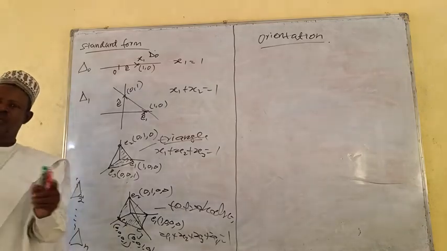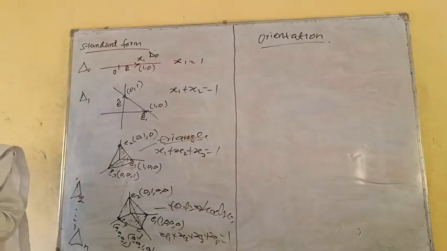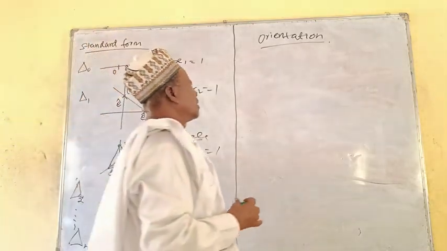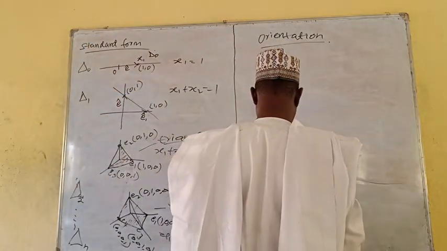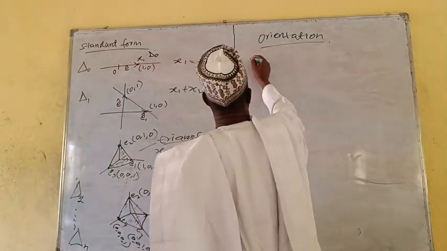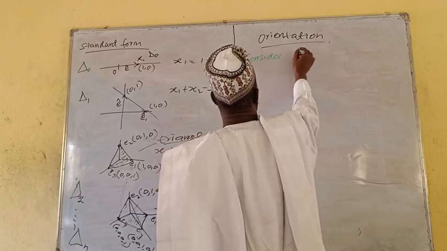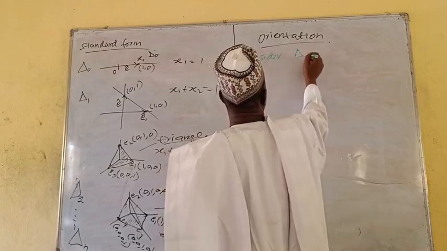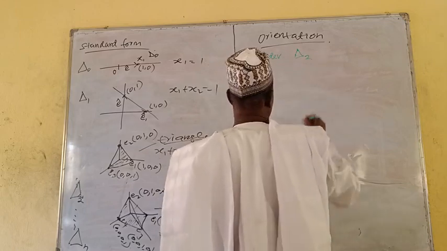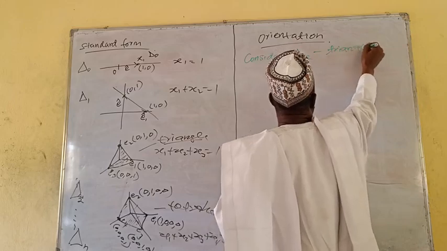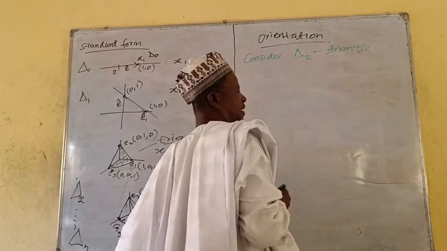You either go clockwise or anti-clockwise, okay? Now, let me give an example. Consider delta 2, that's the triangle. A triangle as a simplex, okay?